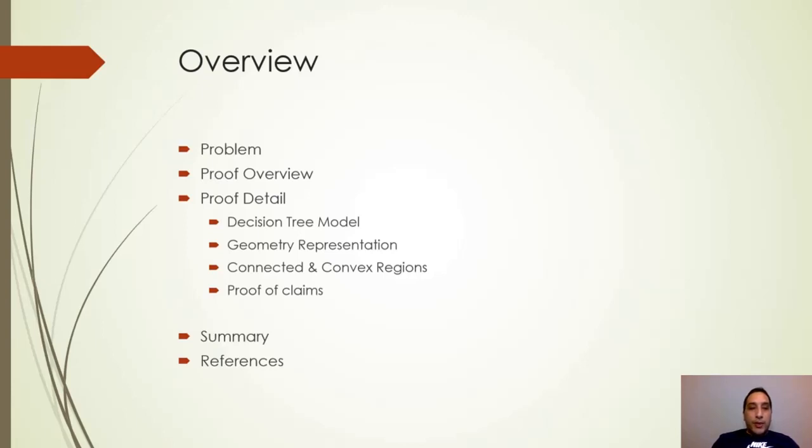Once we finish that, we'll jump into the proof detail, where we start talking about the decision tree model, the geometry representation, and the connected and convex regions. Then we'll talk about each claim in more detail. And at the end, we're going to be summarizing everything that we talked about in this presentation.